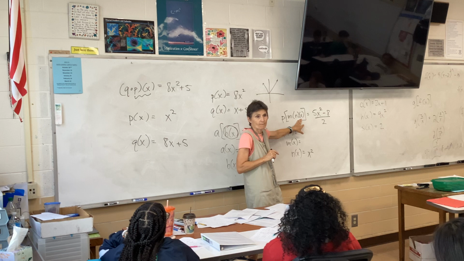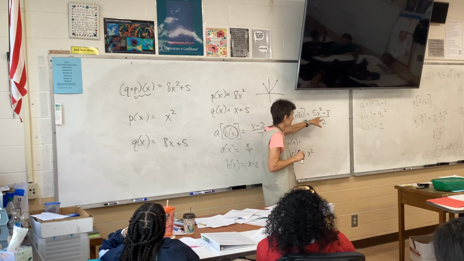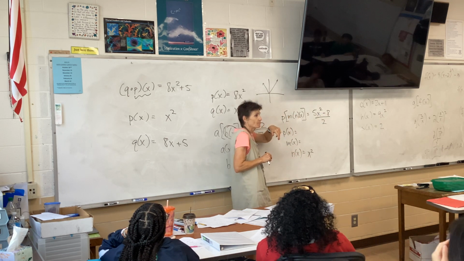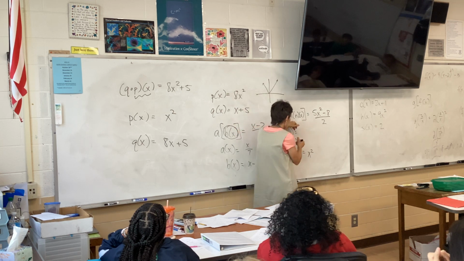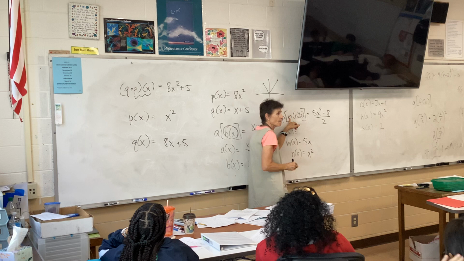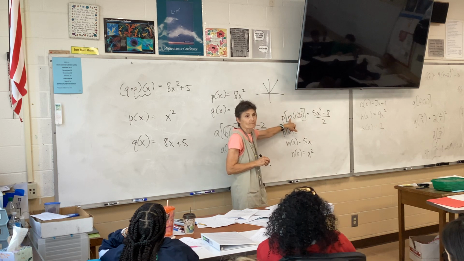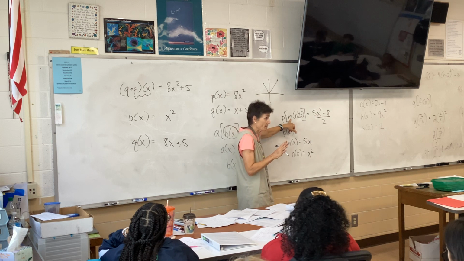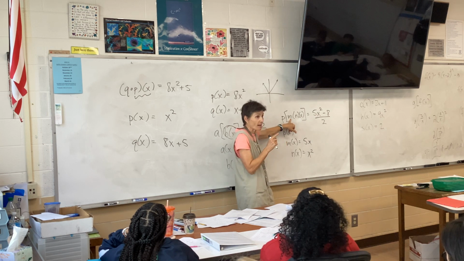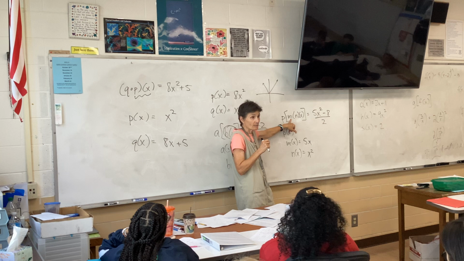First thing we're going to do is square. What's the second thing that happens in this problem? Times by 5. So I'm going to let M be the timesing by 5 function. Now, what else has to happen? I have to subtract 8 and then divide by 2.